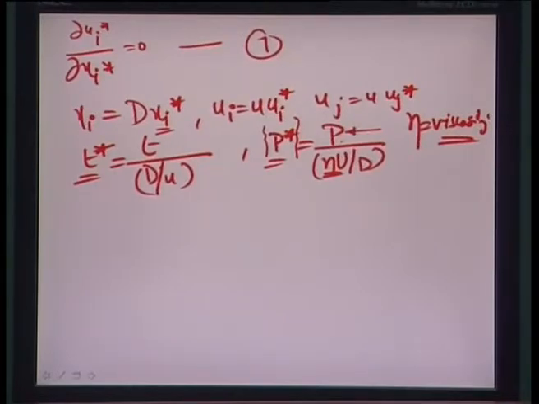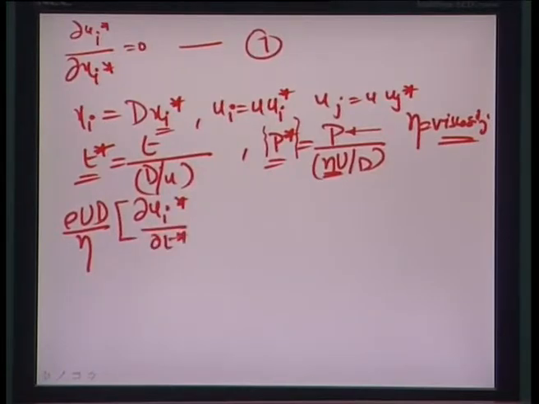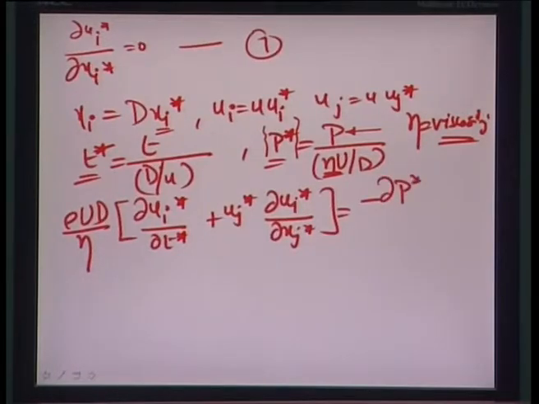And so we derived the second equation, the conservation of momentum equation, and we figured out that rho u d by eta times del ui star by del t star plus uj star times del ui star by del xj star would be equal to minus del p star by del xi star plus del 2 ui star by del xj star square.